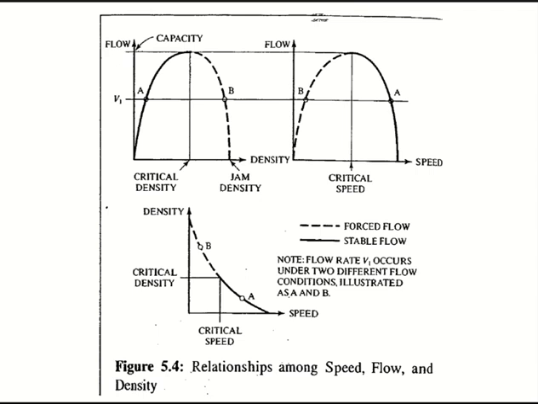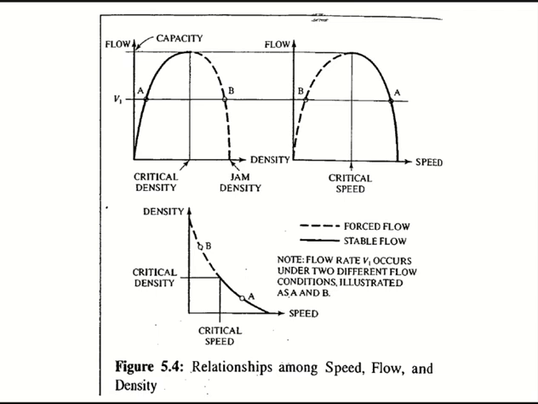And similarly, we have critical speed. Again, you can see when the speed reaches critical, the flow reaches capacity. Clear? So critical density is that density where the flow is maximum capacity. Critical speed is that speed when the flow is maximum capacity.